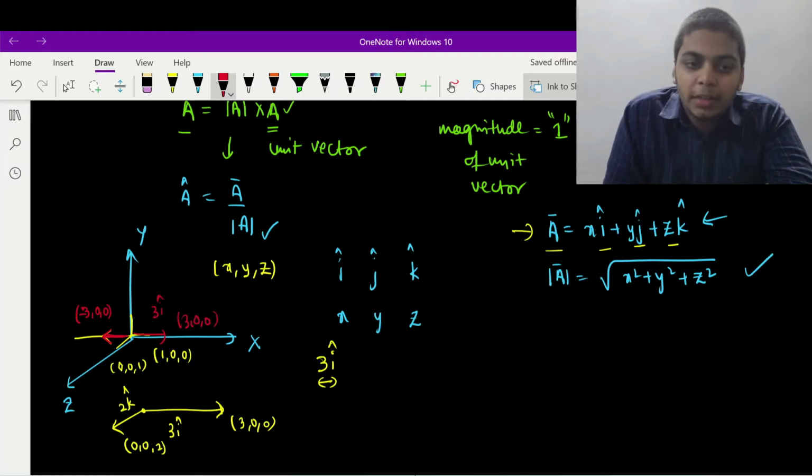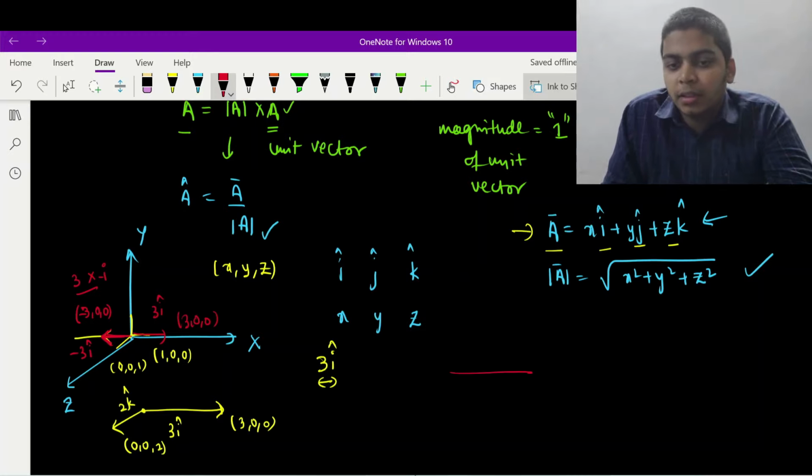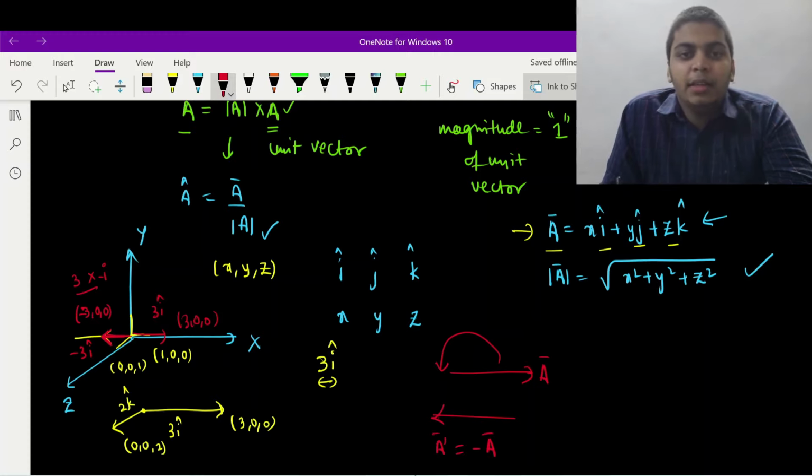And if a vector is exactly opposite and tending to minus 3 comma 0 comma 0, this is minus 3 multiplied with your i cap, right? So unit vector along negative x-axis is always minus i cap, and it is 3 units from origin, so this will be your minus 3 i cap. And you can also say that if this is a vector a bar and the direction of this vector is exactly reversed, and your final vector turns out to be some a dash bar, then this a dash bar is nothing but exactly negative times the a bar.